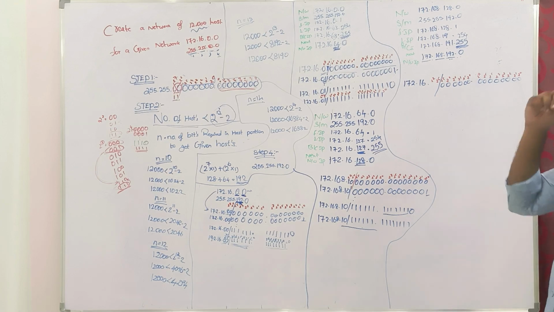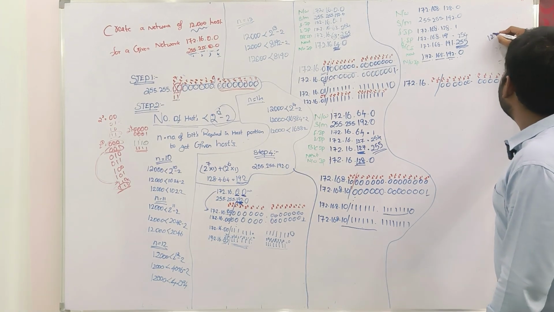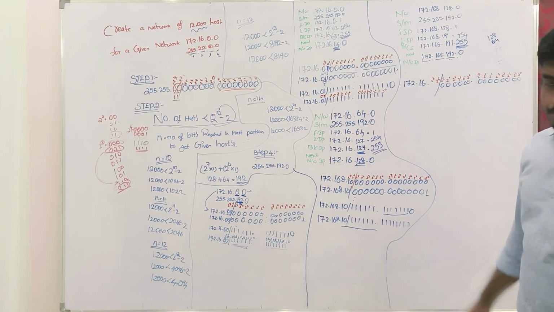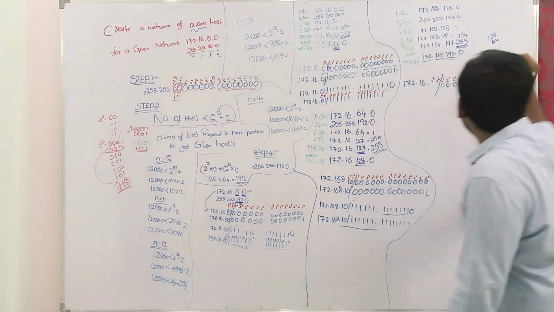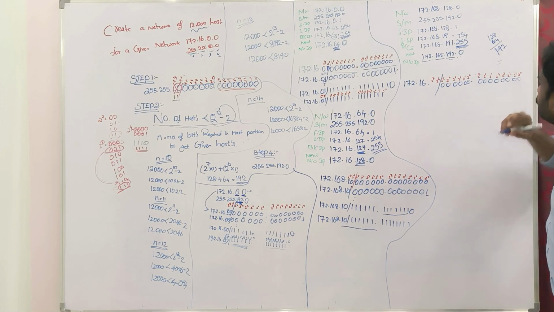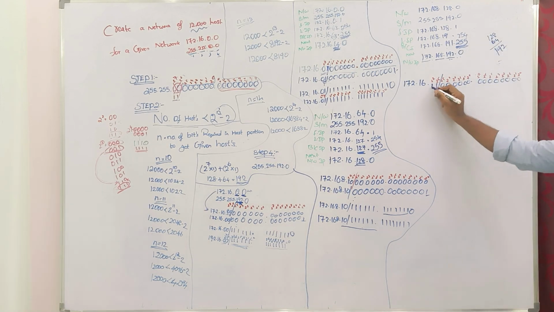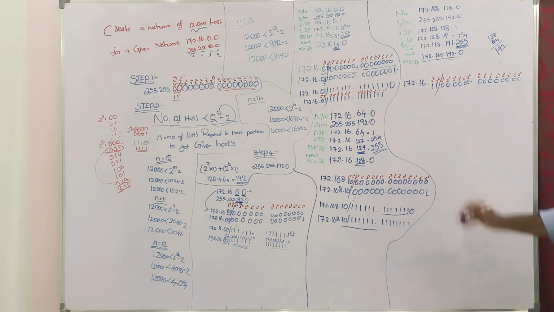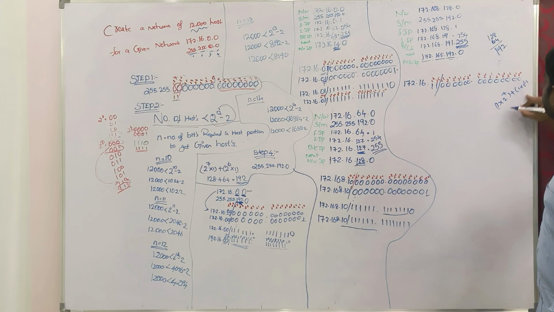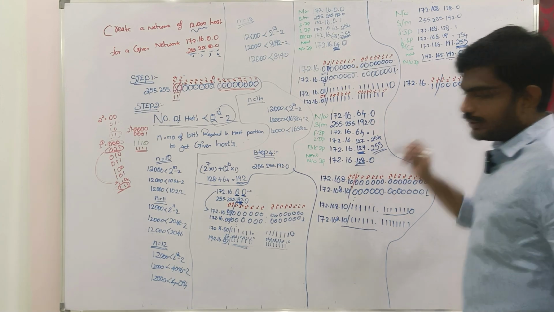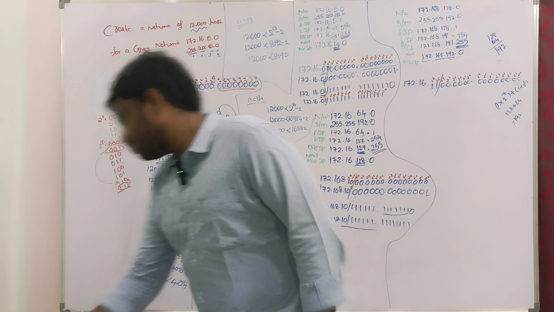So 128 plus 64, and we get 192. If you mark them 1, 1, which means 1 times 2 power 7 plus 1 times 2 power 6, that is 128 plus 64 equals 192. So you make them 1, 1.